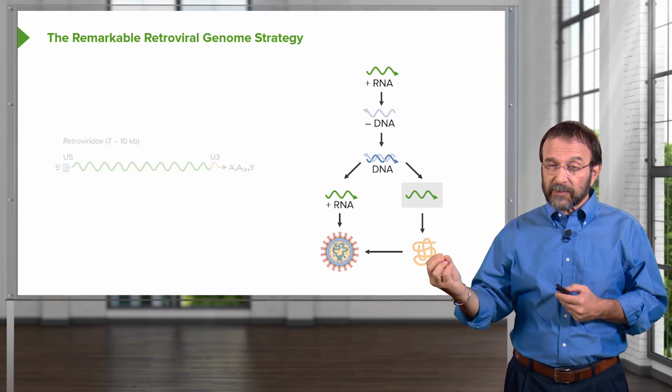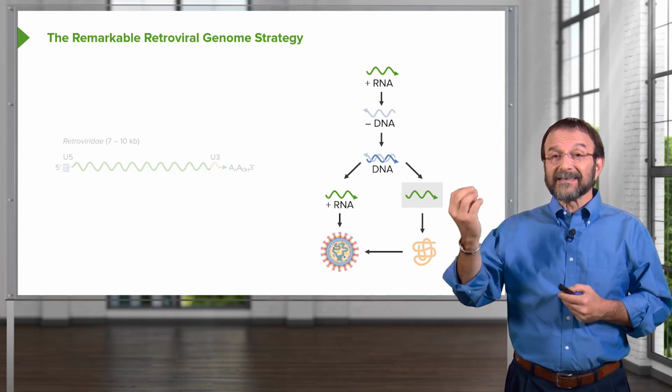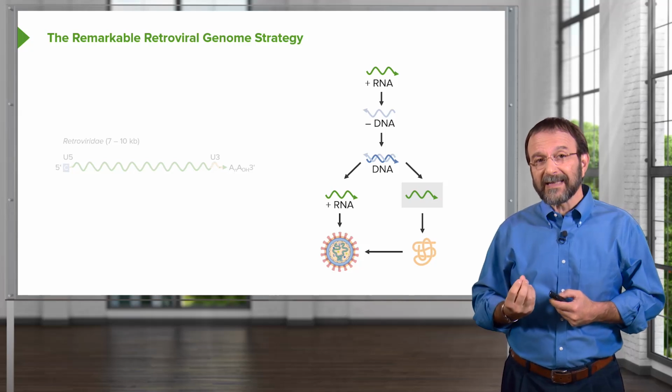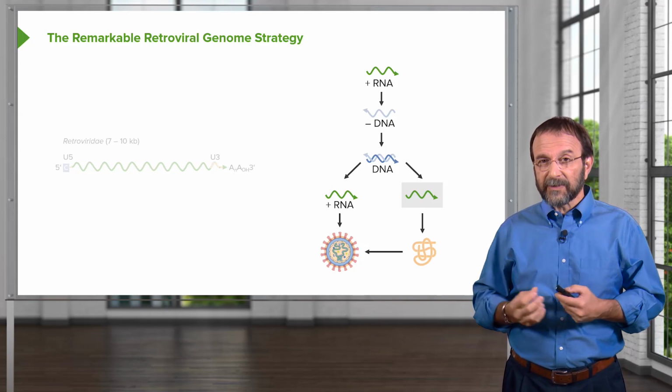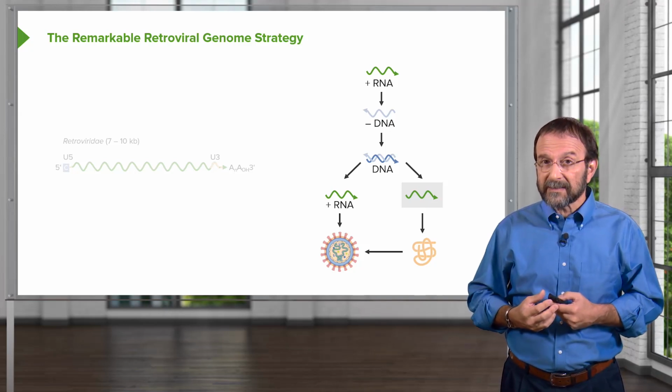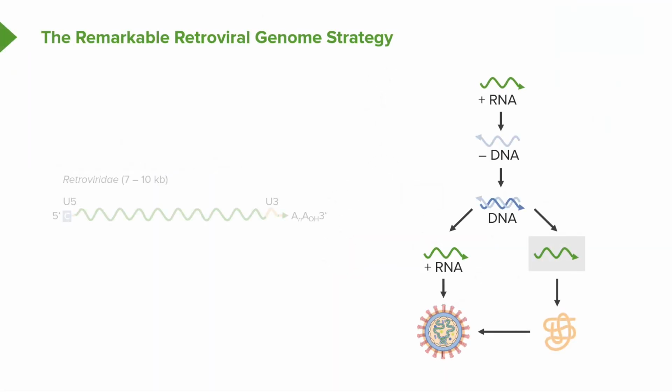It is sequestered from the host ribosomes, and it instead is copied into a minus-strand DNA by the enzyme reverse transcriptase. That enzyme, as I mentioned earlier, Nobel Prize-winning discovery, was first discovered in the retroviruses and subsequently found to be in the hepatitis B viruses as well.